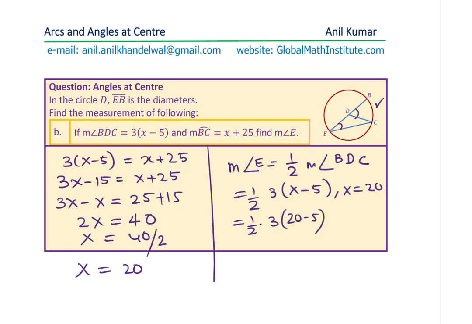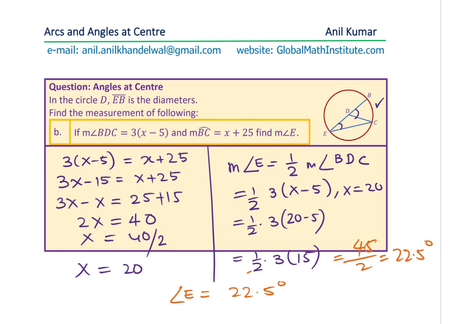And that gives you half times 3 times 15. So 3 times 15, 45 divided by 2 is now the angle, right? So let's calculate this value, which is 45 divided by 2, or 22.5 degrees. So the answer here is that the angle E is equal to 22.5 degrees.